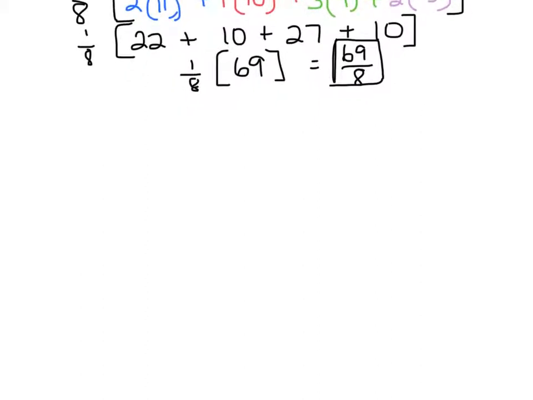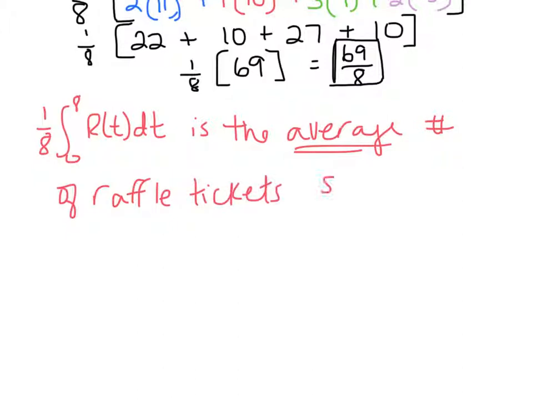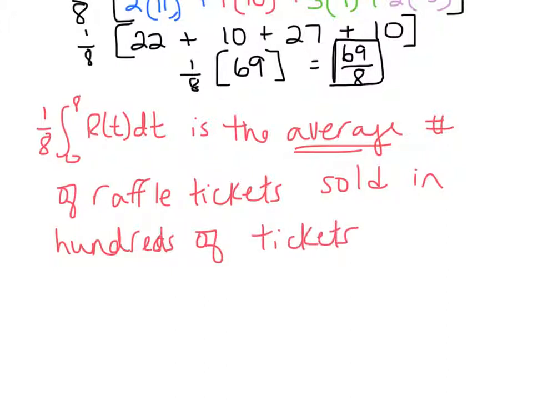So we would say 1/8 of the integral from 0 to 8 of r of t dt is the average number of raffle tickets sold, in hundreds of tickets, from t equals 0 to t equals 8.